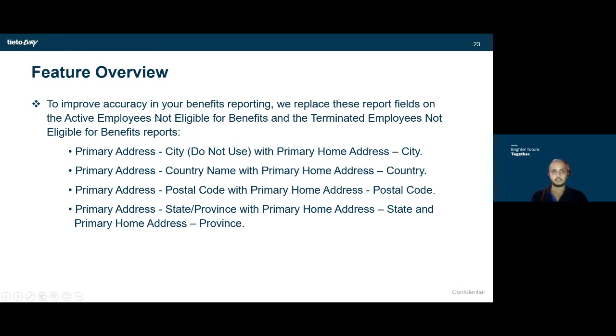These are the fields which have now been brought by Workday to improve the accuracy of benefits reporting. Earlier there used to be quite a ruckus when reporting was done on benefits. There were certain fields which were not available and were a part of the requirement from the clients. But since these new fields have been added, they can be used to add to the reports while doing the reporting for benefits.